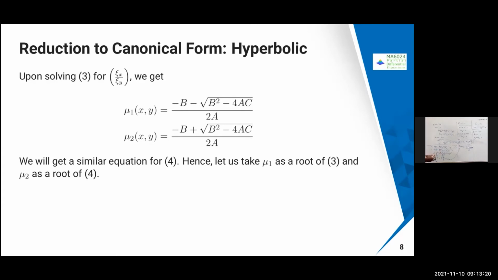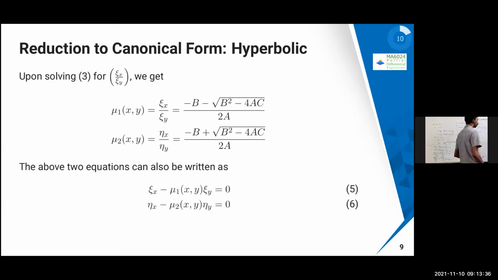Because I need to calculate what is chi x by chi y and eta x by eta y. So I'm just going to assume this is chi x by chi y, and this is eta x by eta y. Or you can take the reverse also. It is not going to change; the uniqueness will come for that.